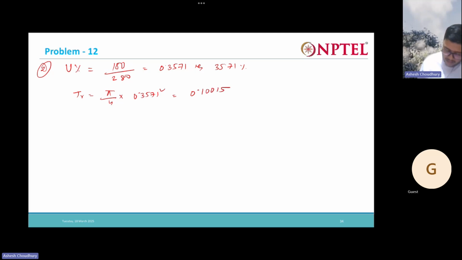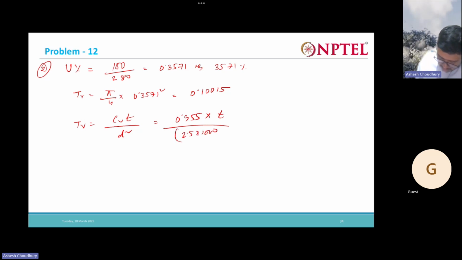From here I can get Tv as 0.10015. Now Tv is Cv t by d square, so Cv I know, 0.955 into t by d square, again 2.5 into 1000 square. From here I can get t is 0.10015 into 2.5 into 1000 square by 0.955.